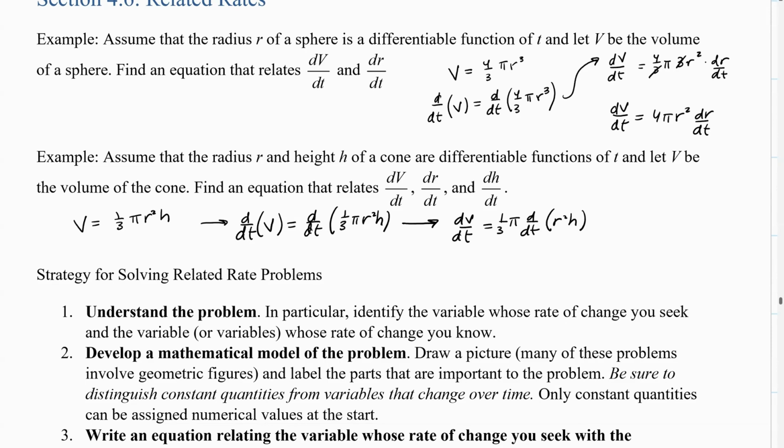Looks like something that's going to be related to a product rule. 1/3 pi times first, r squared, times the derivative of the second, dh/dt, plus the second, h, times the derivative of the first, 2r, bring the power down, reduce it by 1, keep the inside the same, derivative of the inside, dr/dt.